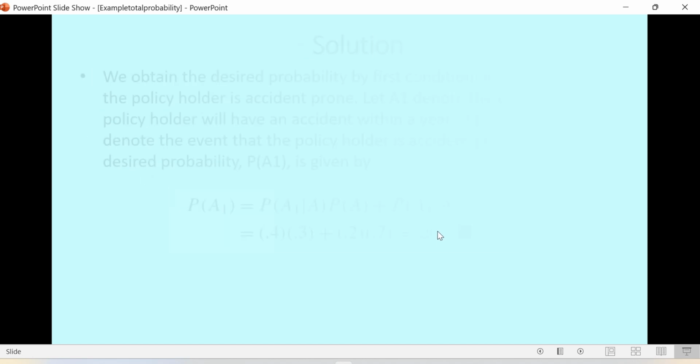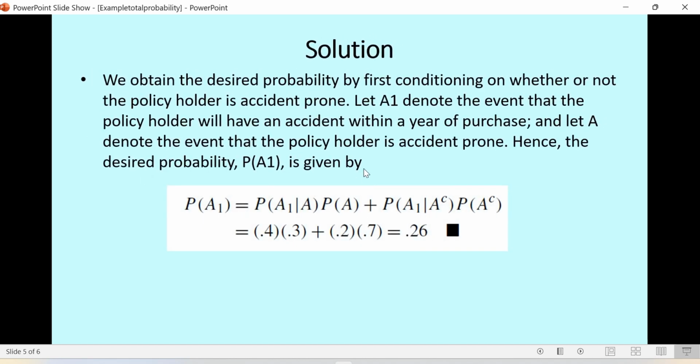Then from this idea, we can write: A1 denotes the event that the policyholder will have an accident within a year of purchase, and this is what we want to know. And we let A denote the event that the policyholder is accident prone.